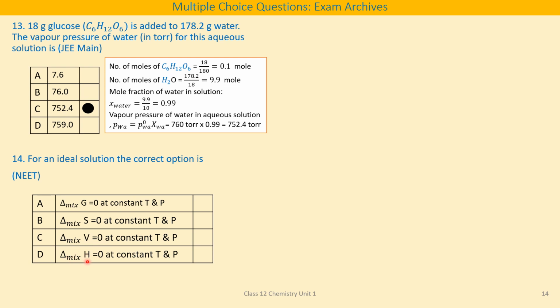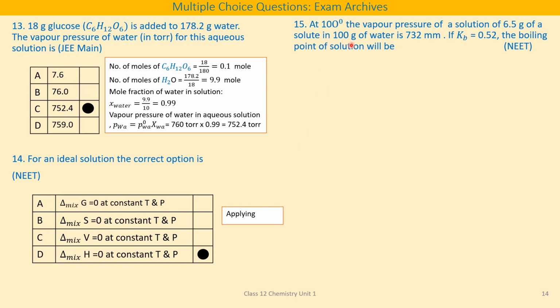Delta mix of H equals 0 at constant temperature and pressure. So we have to remember and mark the correct answer as delta mix of H equal to 0. Let it be option D, you mark it correctly. You have to remember and mark.